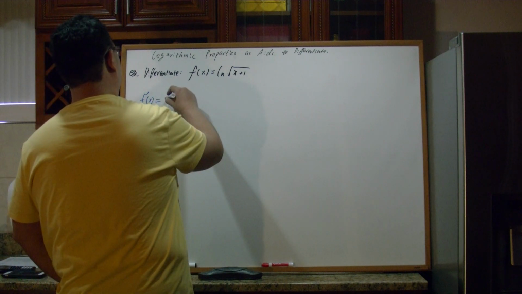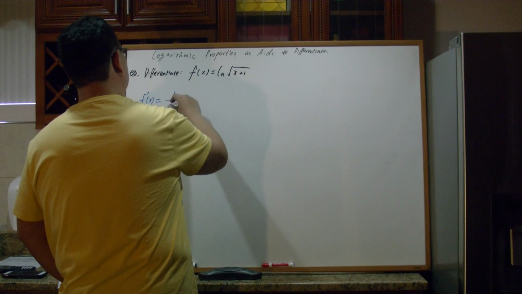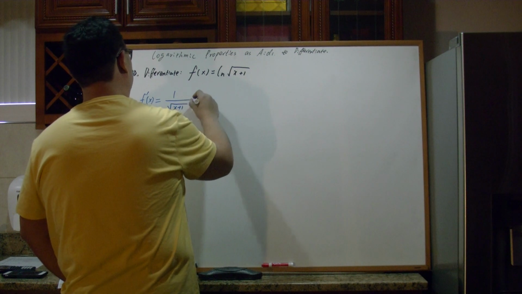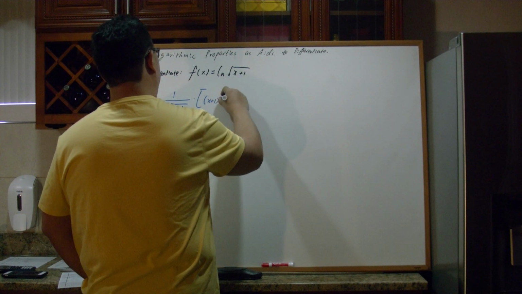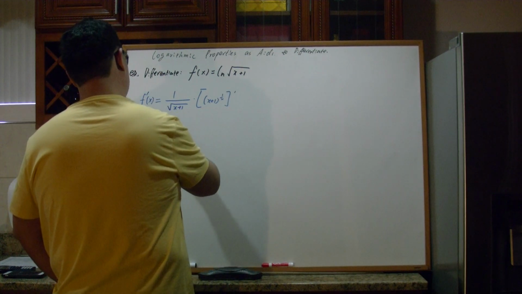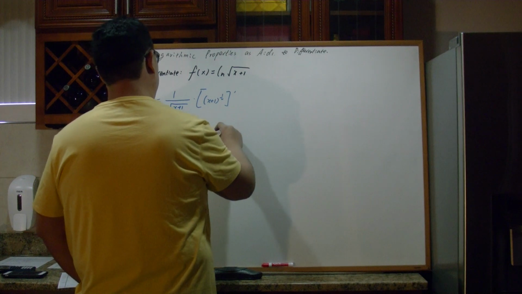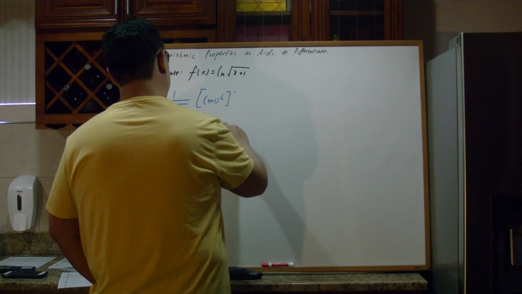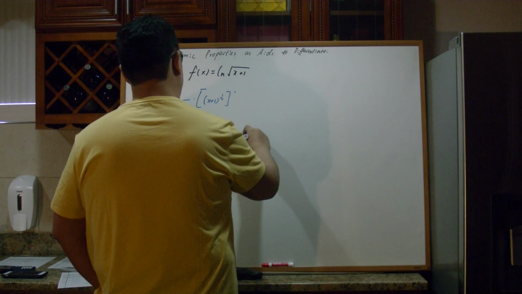f prime of x will be 1 over square root of x plus 1, multiplied by the derivative of the square root of x plus 1, which is 1/2 times x plus 1 to the negative half, multiplied by the inside derivative.